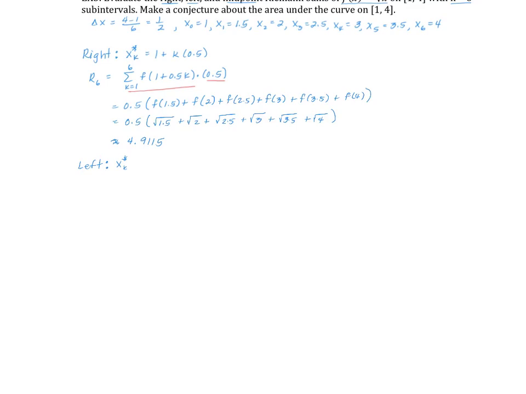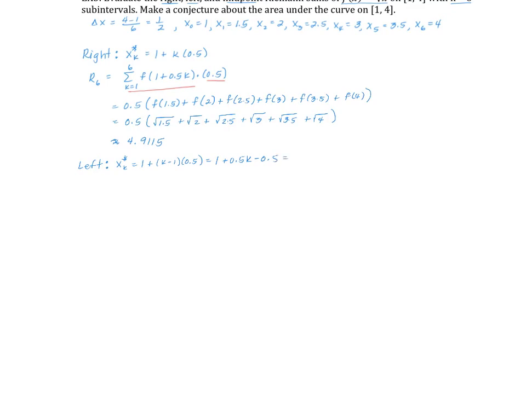So for our left Riemann sum, the x sub k star is going to be 1 plus k minus 1 times delta x, which is 0.5. I'm going to distribute that 0.5 to get 1 plus 0.5k minus 0.5.